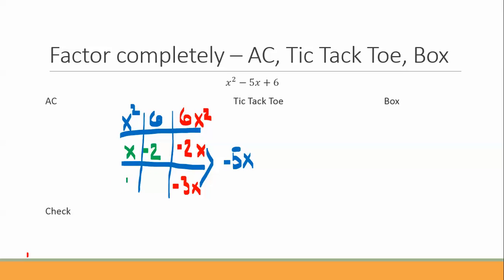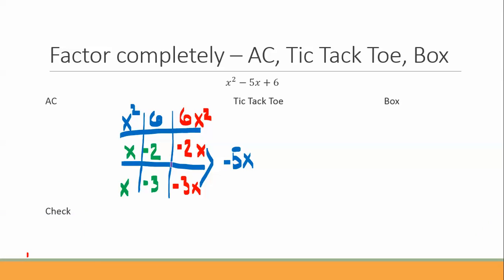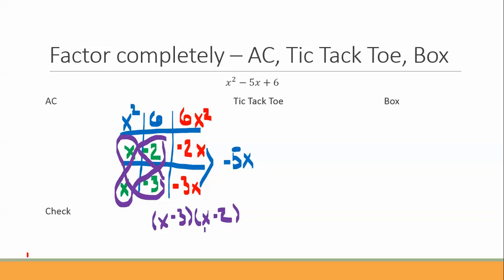The greatest common factor of those two is x. And again, 6 and minus 3x, the greatest common factor is minus 3. Our factoring ends up being the diagonals. So x minus 3 and x minus 2, which is actually what we got in the previous example.